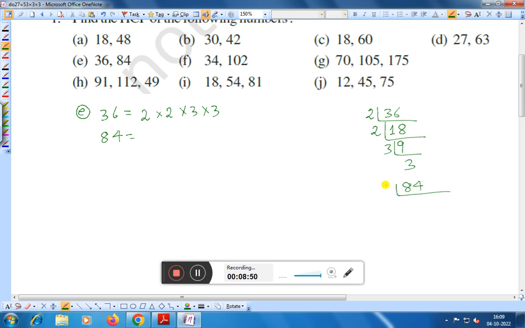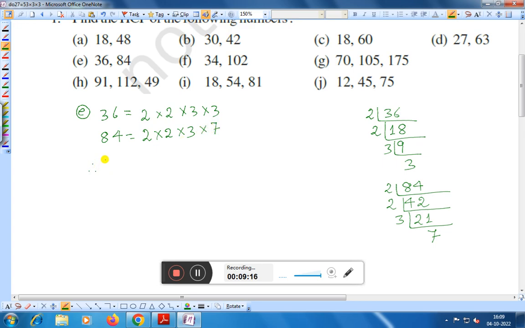Now we'll find the value of 84. Divide it by 2: 2 times 42 is 84, and 2 times 21 is 42, and by 3: 3 times 7 is 21. That is equal to 2 into 2 into 3 into 7.